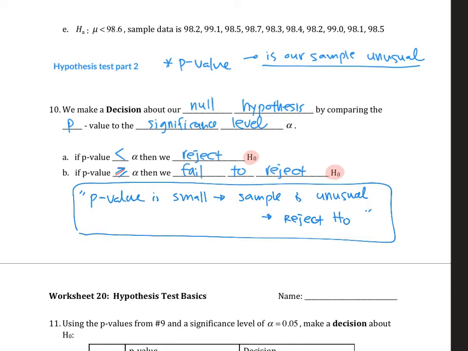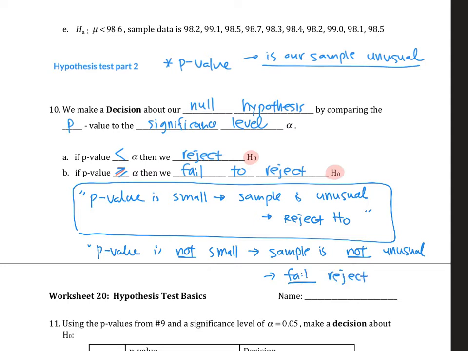And if p-value is not small, then our sample is not unusual. That means we fail to reject H naught. So that kind of follows. So we should write that down. P-value is not small. That means our sample is not unusual. That means we fail to, or we don't reject, you can say that also.